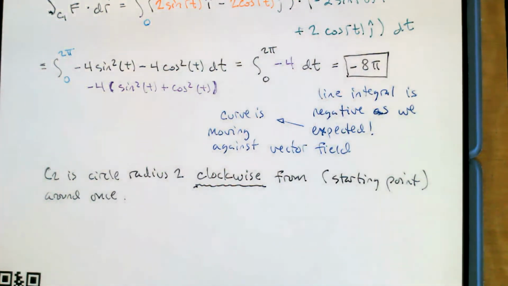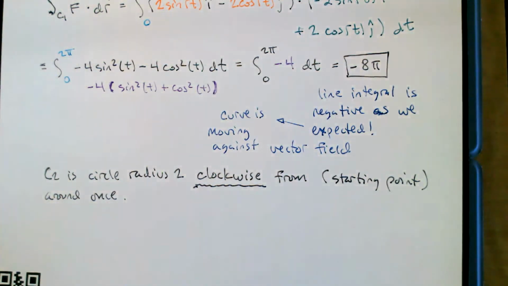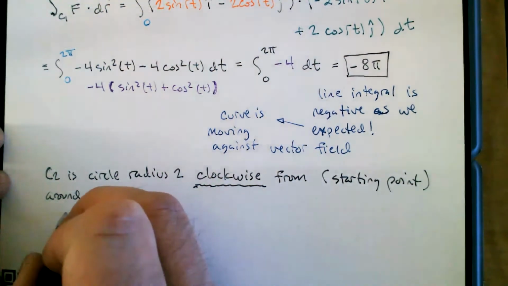The only thing that gets changed here is that the circle is going clockwise. What do we suspect would happen to the line integral? What would we guess?